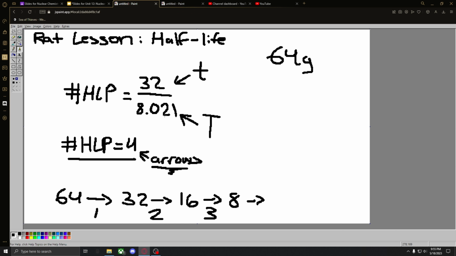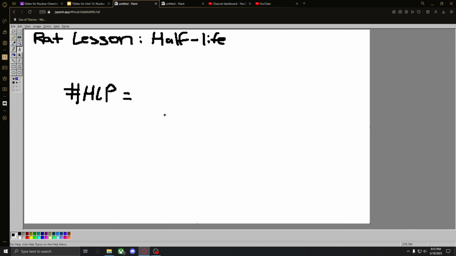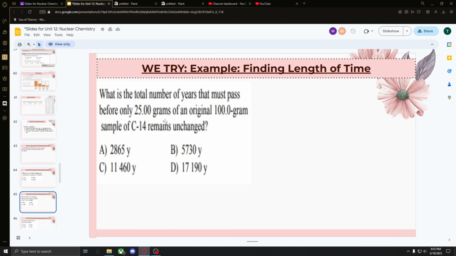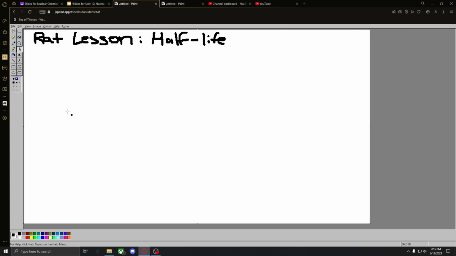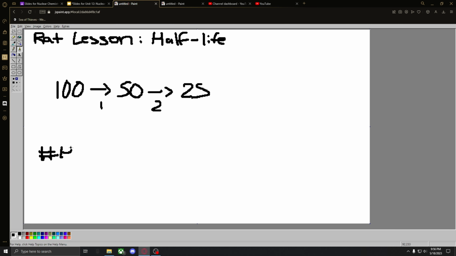For this one, you need to get 100 down to 25. So 100, half of that is 50, and half of that is 25. These are 1, 2 arrows. So our number of half-life periods is 2.